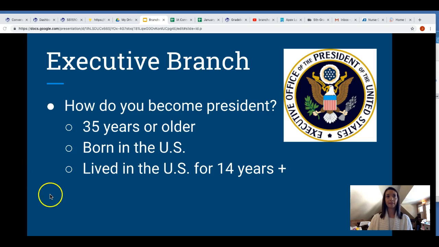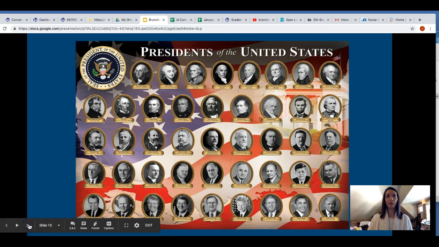Our next slide, it almost looks like a placemat, but it is a poster of the presidents of the United States, beginning with George Washington, and then ending, here's our most recent presidents, ending with President Trump, okay?